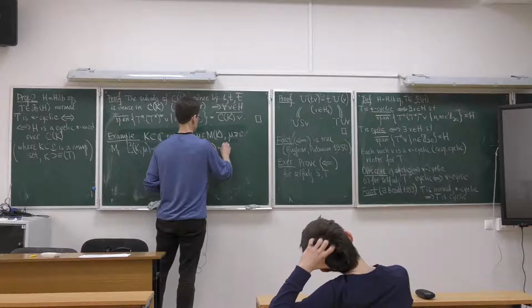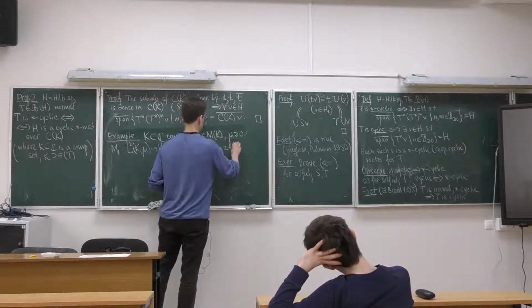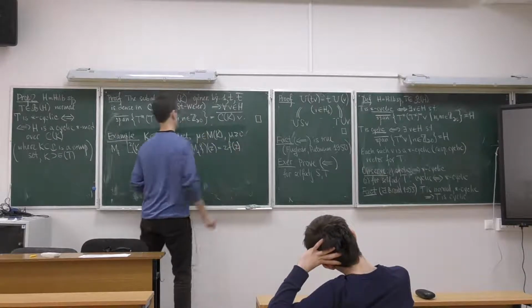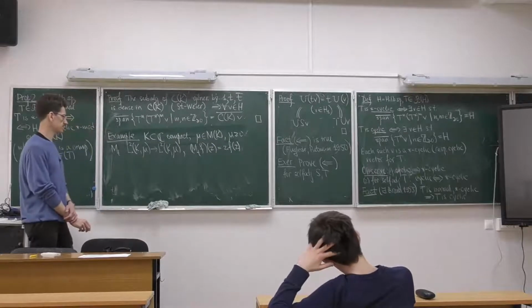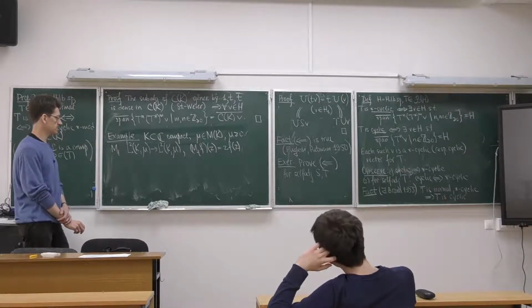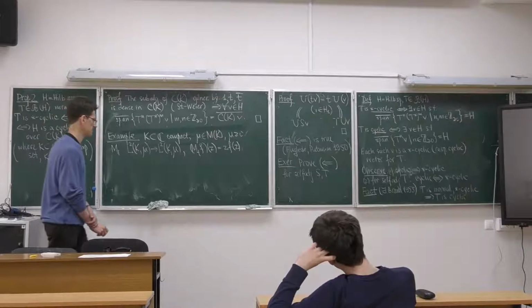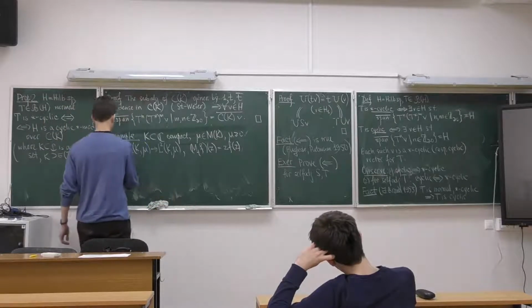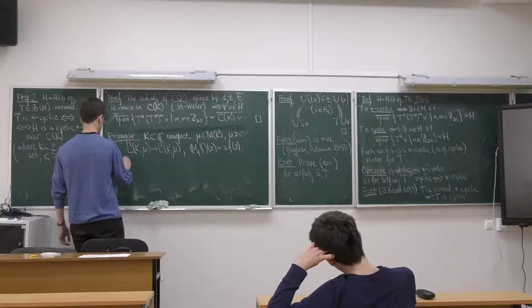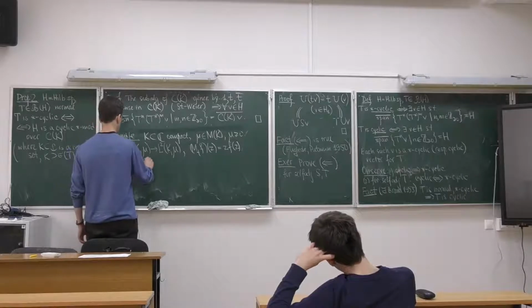It takes f of z to z f of z. So it's easy to see that MT is a star cyclic normal operator.